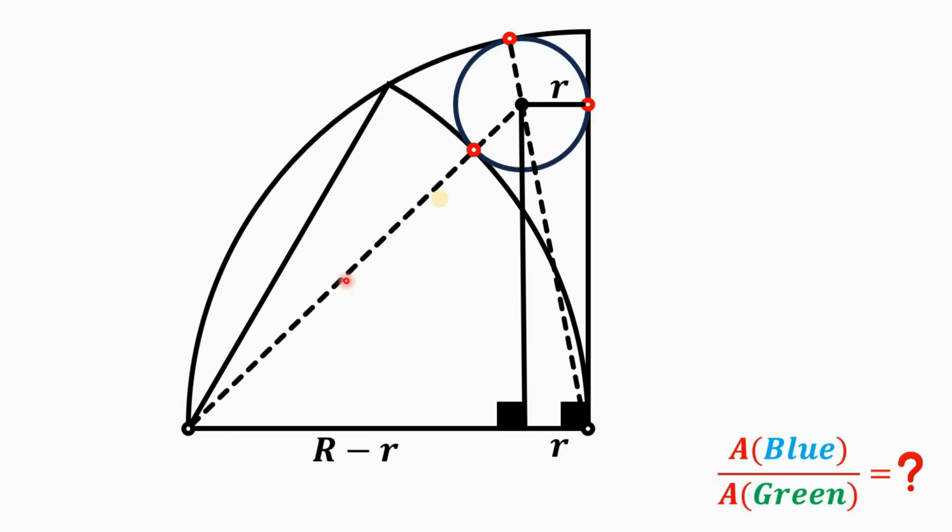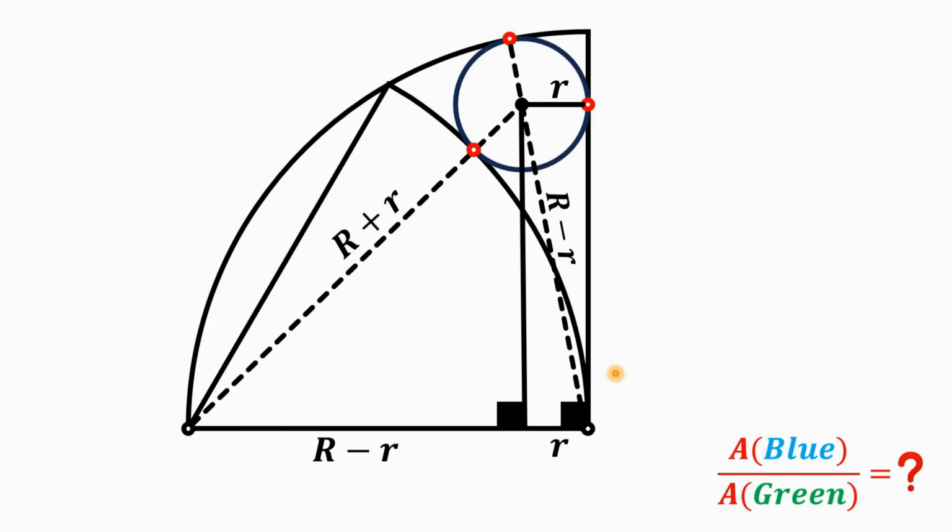This is just capital R plus small r. Now, how about this segment from the center to this point? This is just capital R minus r, because the whole thing is the radius of this quarter circle.